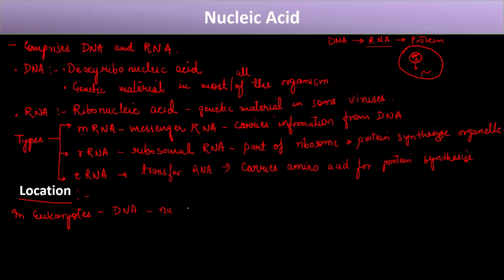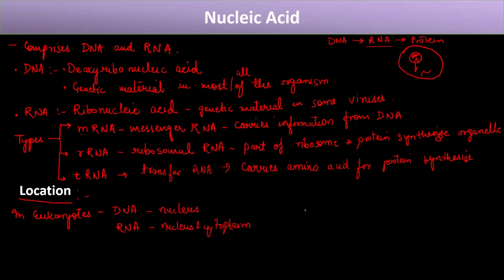But the messenger RNA is encoded in the nucleus, and then it comes outside into the cytoplasm, right? So you can write the RNA is present both in the nucleus and cytoplasm. Or if in the options only cytoplasm is given, then you can also opt for the cytoplasm.